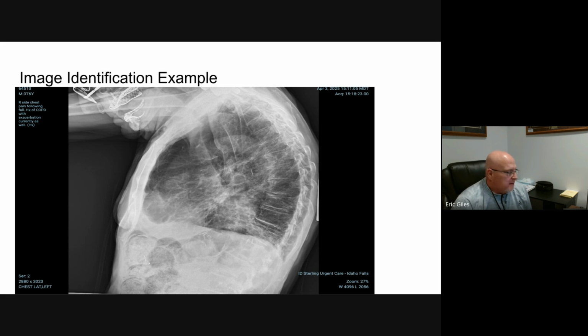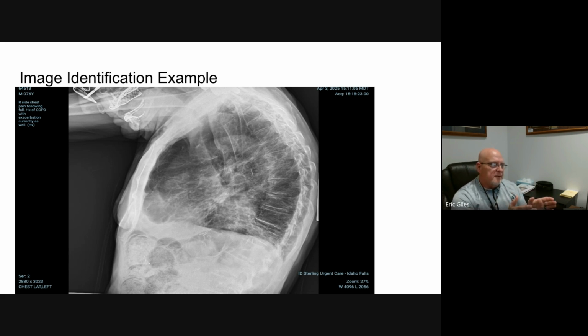Okay. Now the stuff in the bottom corners, you know, that's just legal stuff. Where this image was taken, whether there was a zoom involved, and the W and L, that's your window width and level. So if you were to change the contrast of this image, your L and your W are going to change.